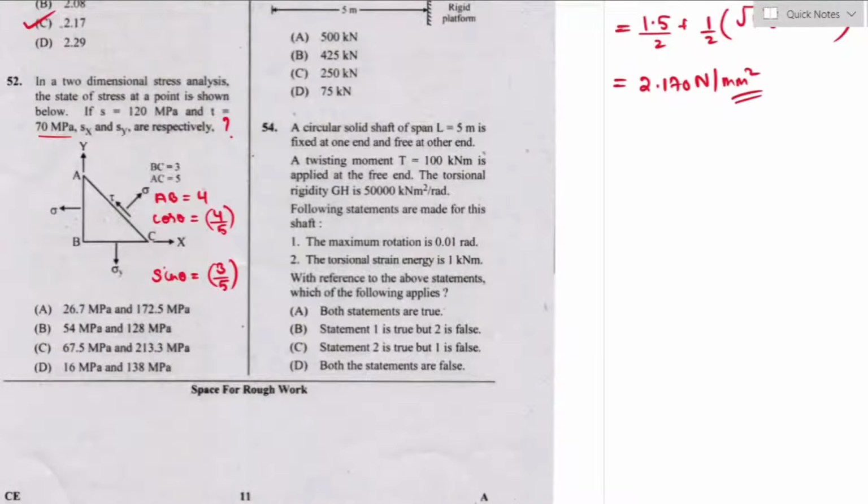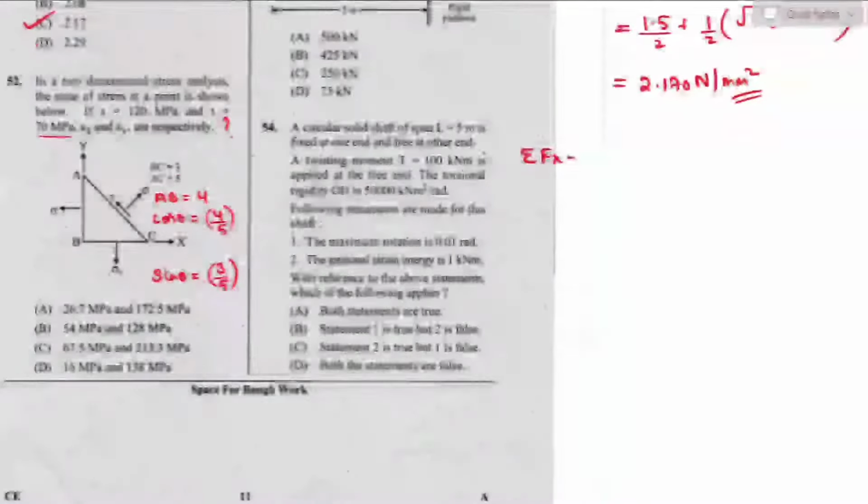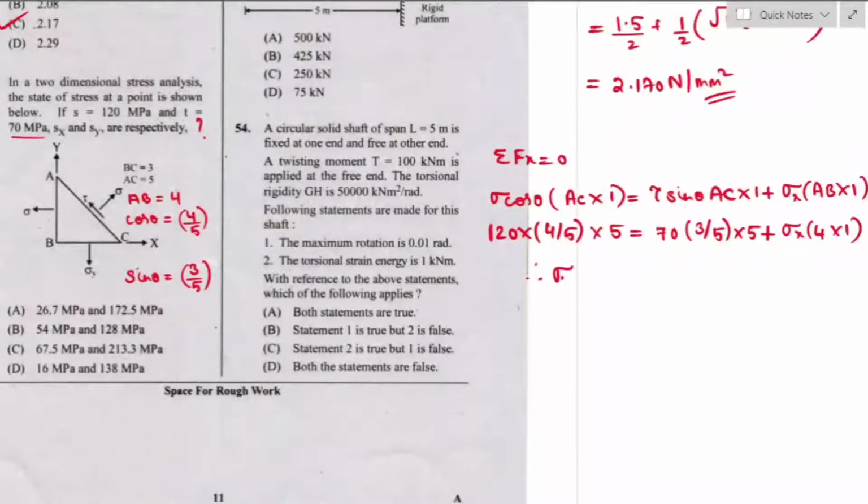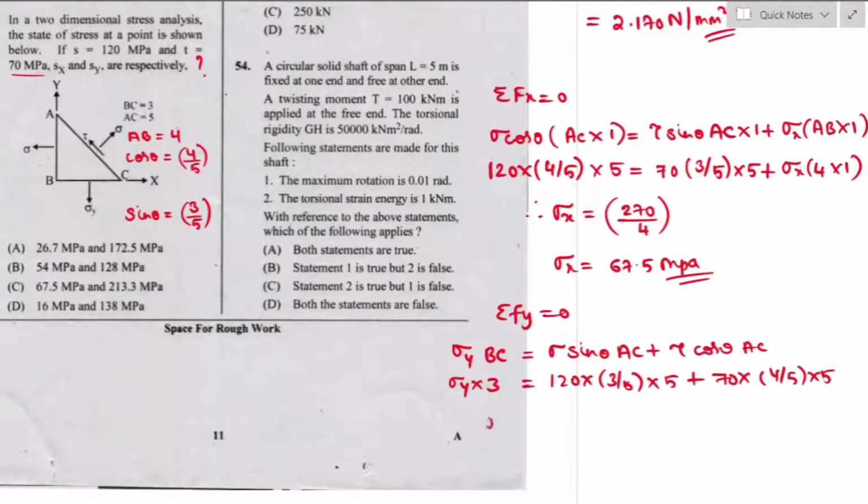Considering the force along x direction equal to 0, on solving this, stress along x direction is equal to 270 divided by 4, which is equal to 67.5 MPa. Considering the force along y direction equal to 0, stress along y direction will be 640 divided by 3, which is equal to 213.33 MPa.